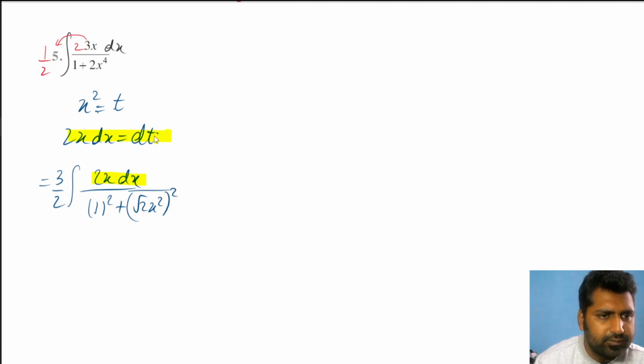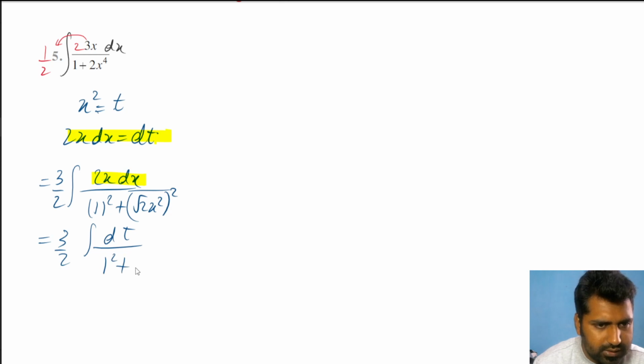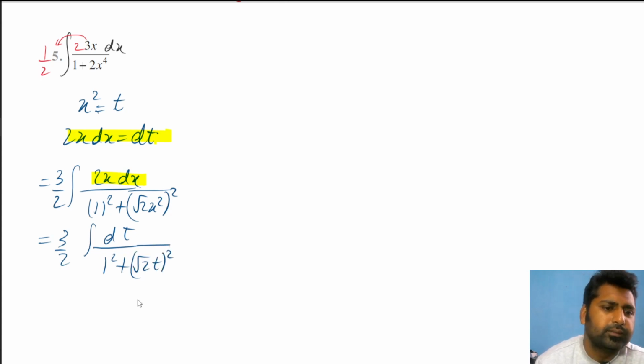This is dt, x square is t, so it can be written as 3 by 2 integration dt. It is not in square root, no? So 1 square plus root 2t whole square. Fine. Now we can apply the format a square plus x square, or x square plus a square basically. If the square root is not there, that means tan inverse.